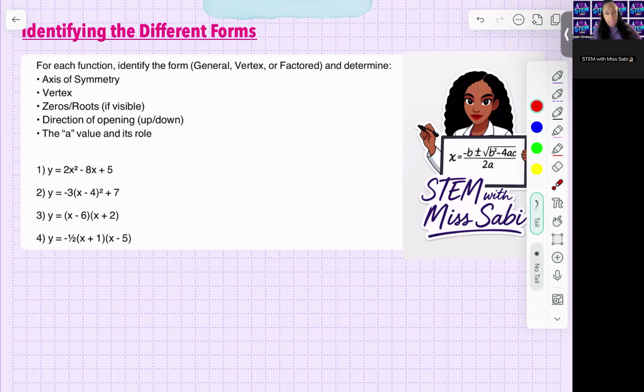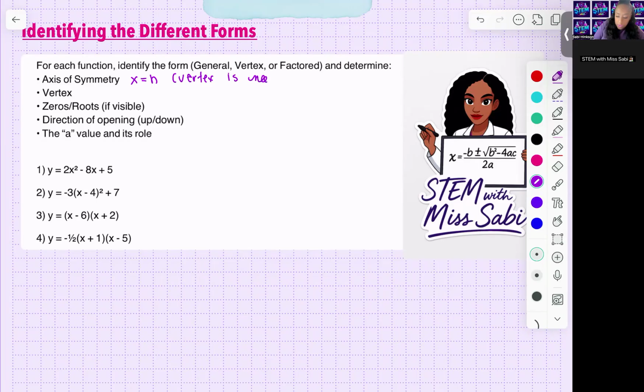To determine the axis of symmetry, you need to figure out the vertex, right? Because the axis of symmetry is x equals h. So it's a line that goes through the x value of your vertex, and you would need the vertex to figure out your axis of symmetry. Whichever order makes sense to you, it's not in a particular order.